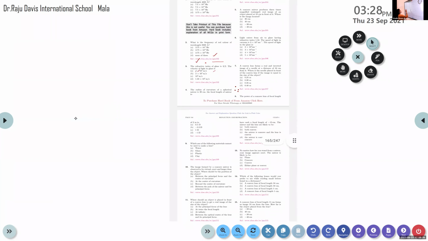The radius of curvature of a spherical mirror is 20 centimeter. Focal length of the mirror is dash. Radius of curvature R is equal to 20 centimeter. What about the focal length?